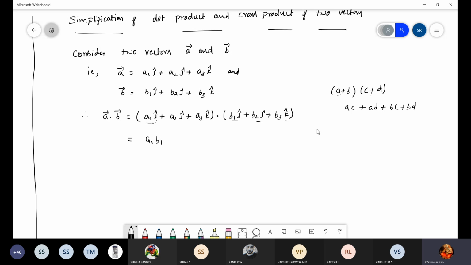So that's why we multiply like vectors, that is I with I, j with j and k with k. That's it. And the answer gives A1 B1 plus A2 B2 plus A3 B3. Okay, this is the answer, and you should not write A1 B1 I cap, A2 B2 J cap. That becomes 0.